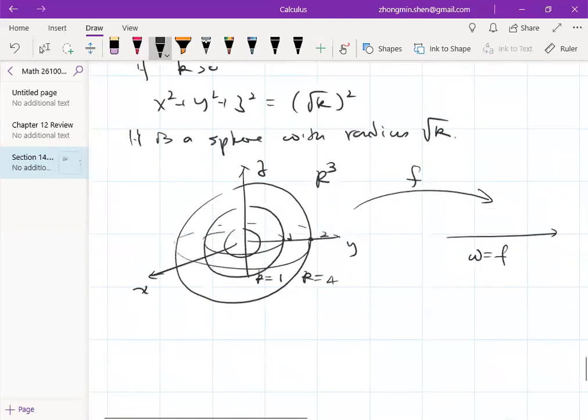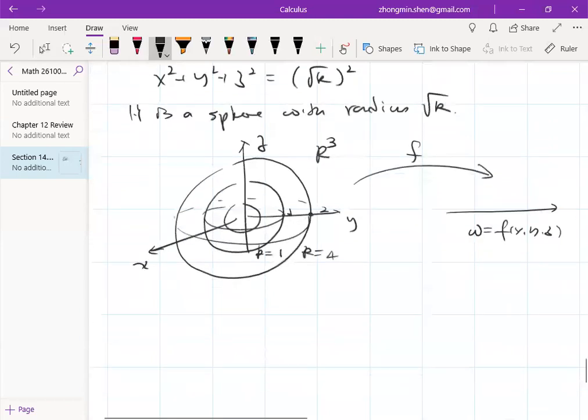W equals f(x, y, z). This is a map. So given a point in 3-dimensional space, I can get a value called W. Now, if you want to draw the graph, it's harder to imagine.